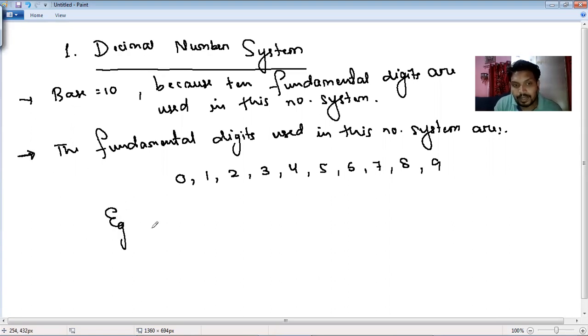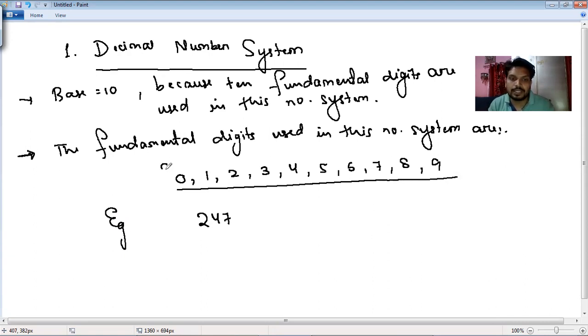Example, if I write 247, when I say 247, it means I have used the digits 2, 4, and 7, which belong to this set. Clear? So we can say the base of this particular number is 10.